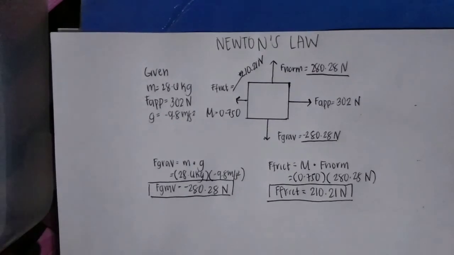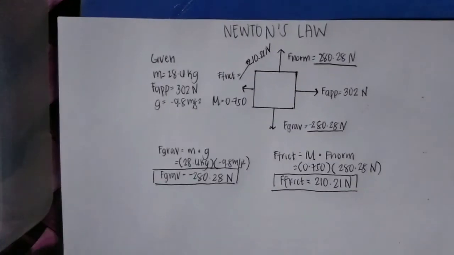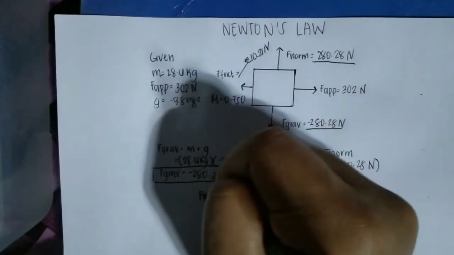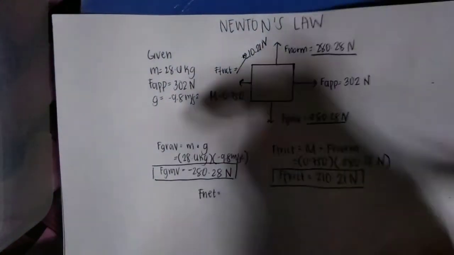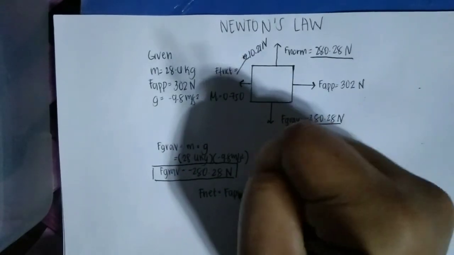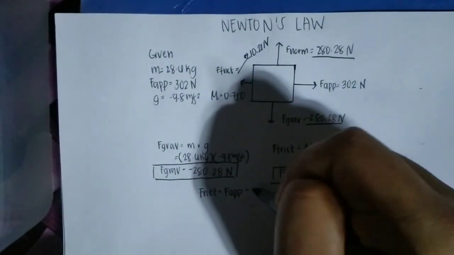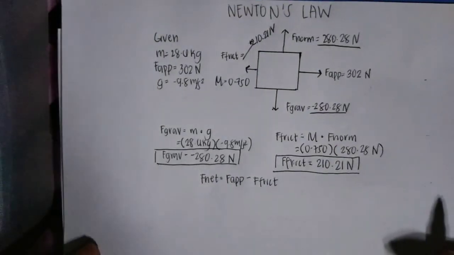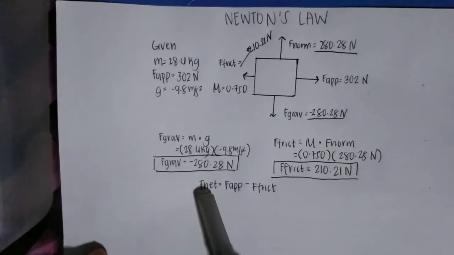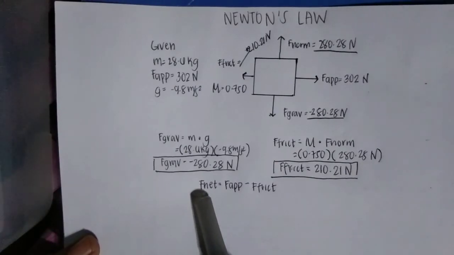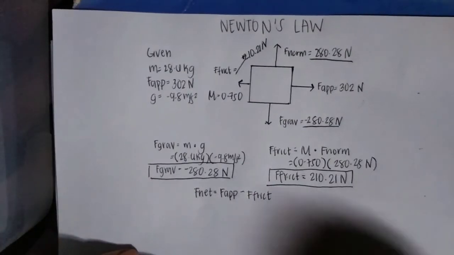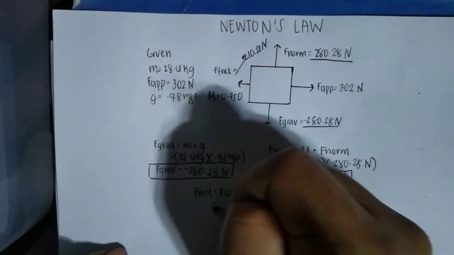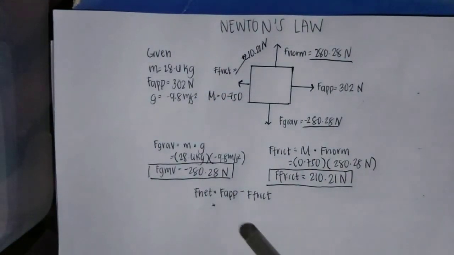After we found the F fric, we will solve for the F net. The formula for the F net is equal to F app, or the applied force, minus the F fric. So why do we need to find the F net? We need to find the F net to determine the acceleration. Let's substitute the given to the formula.